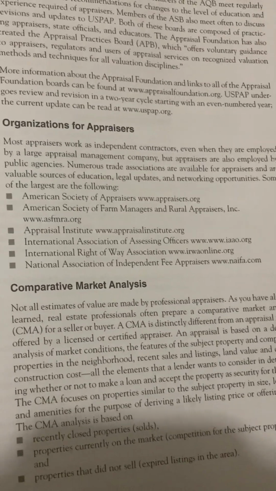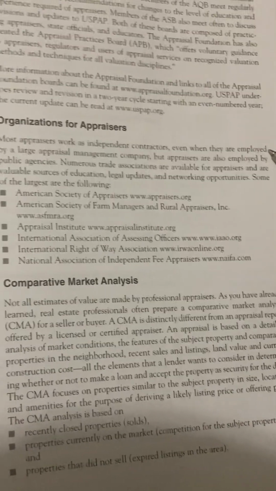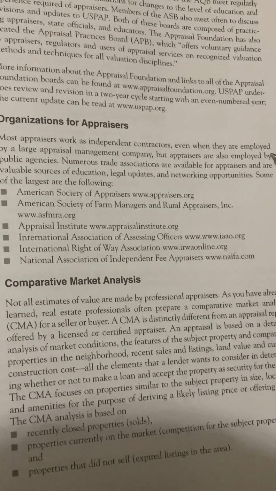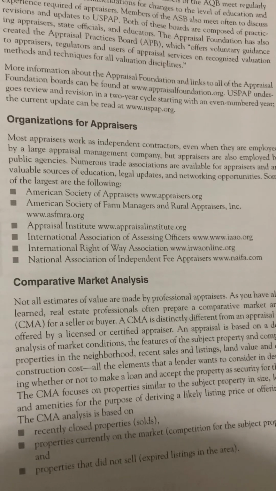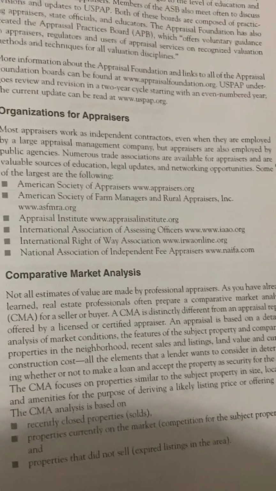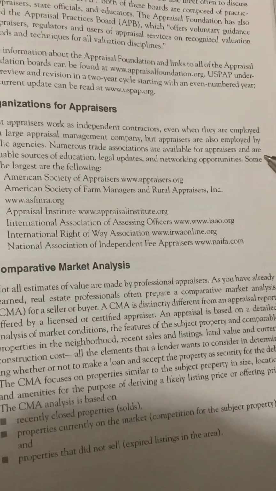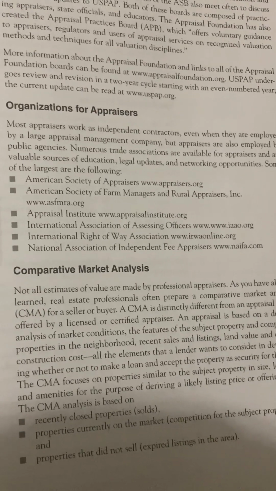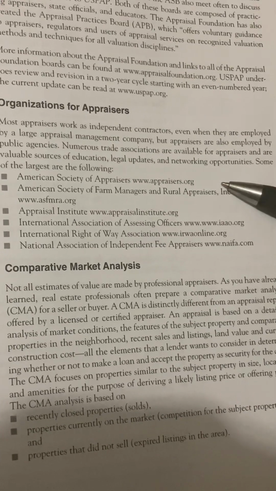Organizations for appraisers. Most appraisers work as independent contractors, even when they are employed by a large appraisal management company. But appraisers are also employed by public agencies. Numerous trade associations are available for appraisers and are valuable sources of education, legal updates, and networking opportunities. Some of the largest are the following: American Society of Appraisers, www.appraisers.org.